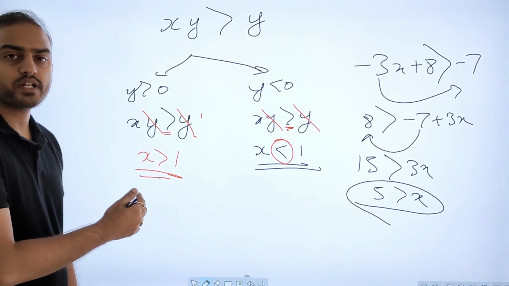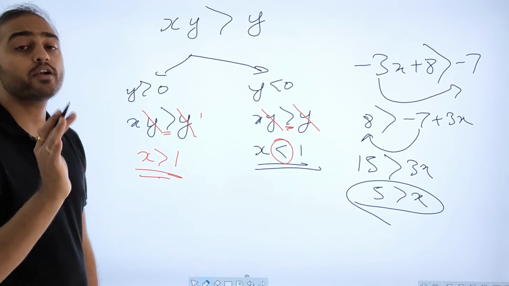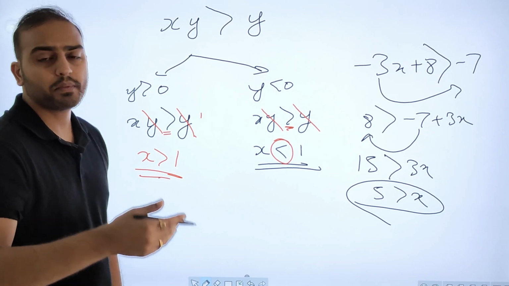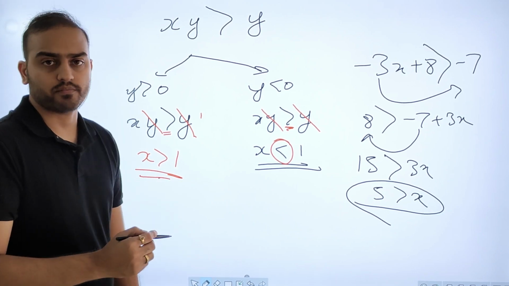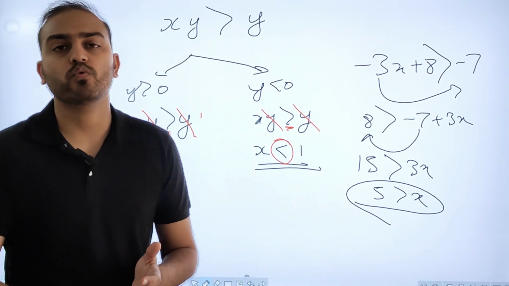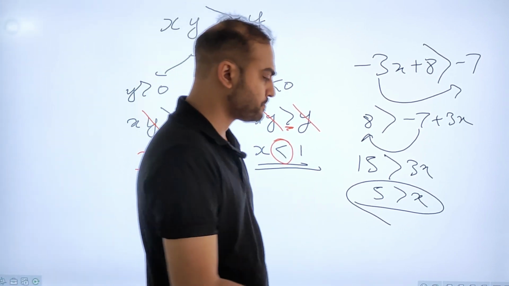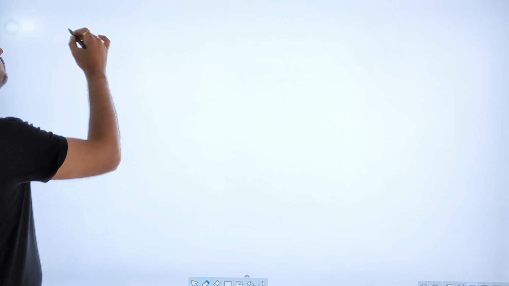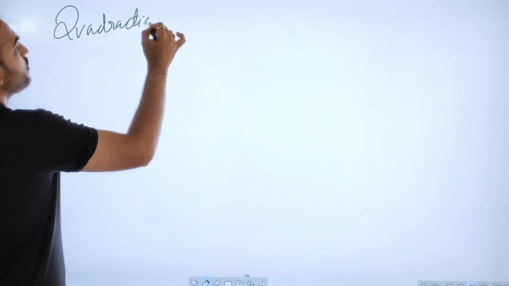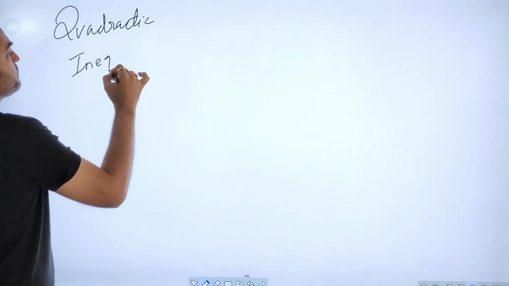If the variable is positive, keep the same sign and do whatever you want. If the variable is negative, when you cross multiply or divide, change the sign. I hope you understand how variables work in inequalities. If we do, then let's move ahead to quadratic inequalities.